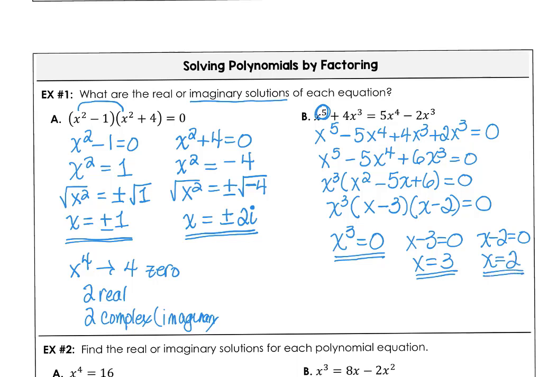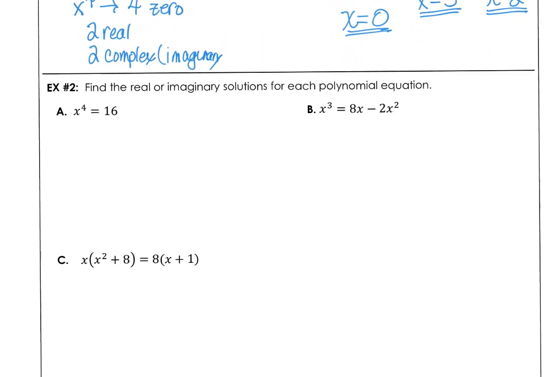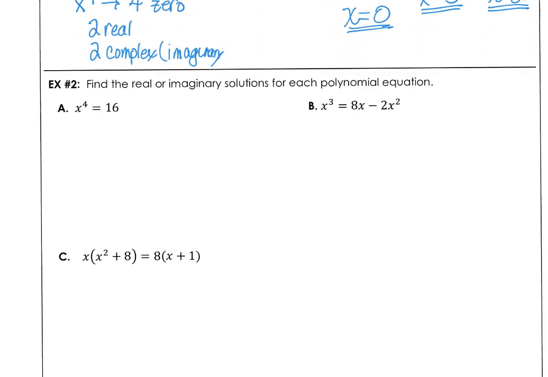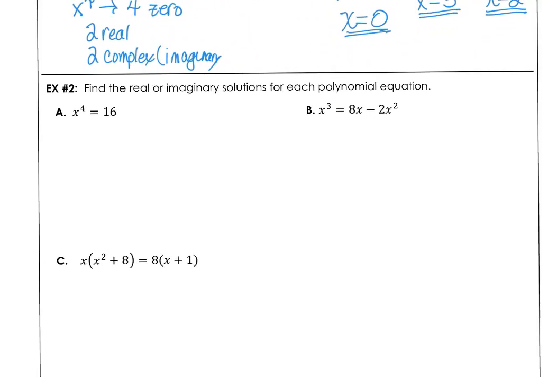So we have 3 distinct solutions, 0, 3, and 2, 3 places where the graph is going to cross the x-axis on that polynomial function.